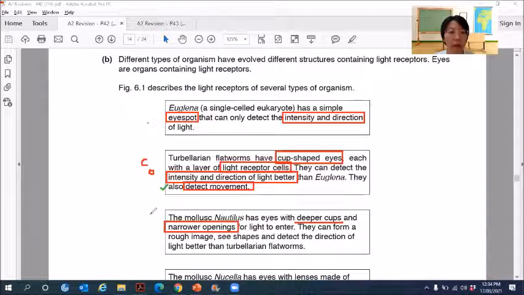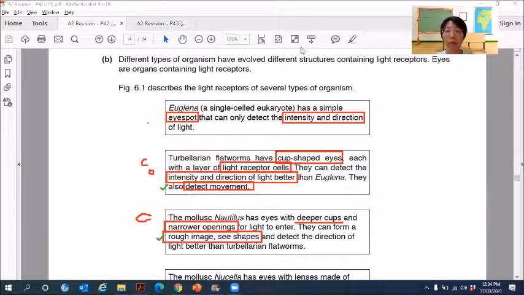Maybe it is deeper, but with a narrower opening for the light to come in. And they can form a rough image. They can see shape. They can detect the direction better. So the additional thing here is the ability to see a rough image instead of just the light. They can also see the shape already.